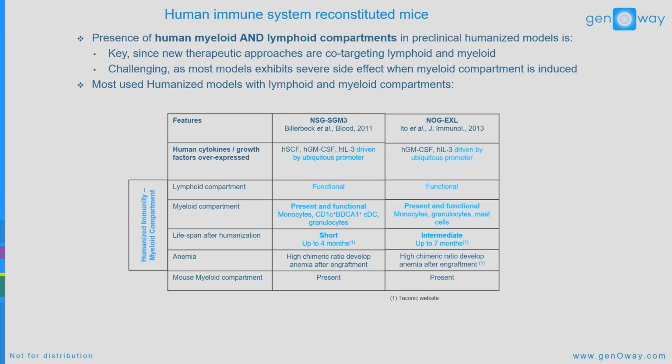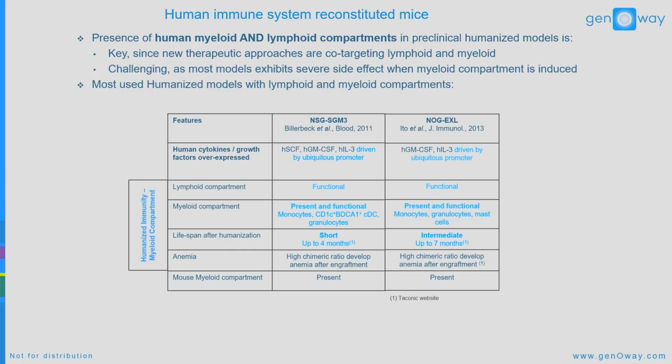When we look into this, one of our explanations was probably coming through how these cytokines were overexpressed. Our cytokines are overexpressed here using ubiquitous promoters, meaning that when the human myeloid cells develop and get activated, their cytokine production will never downregulate these cytokines because these are synthetic promoters that will be totally insensitive to any regulation by human cytokines.